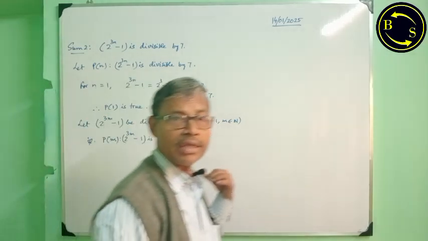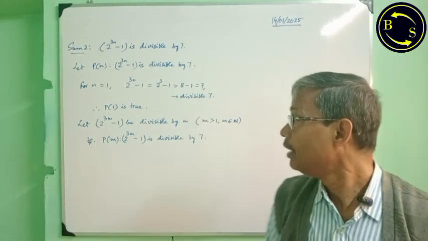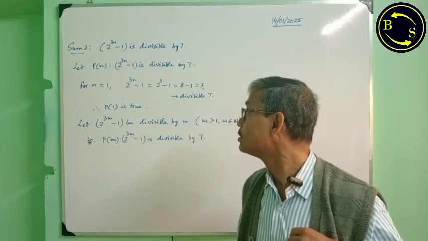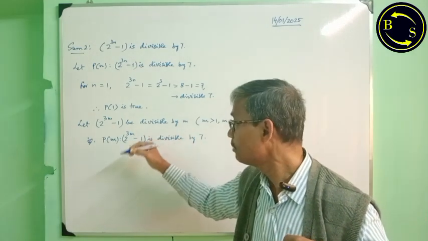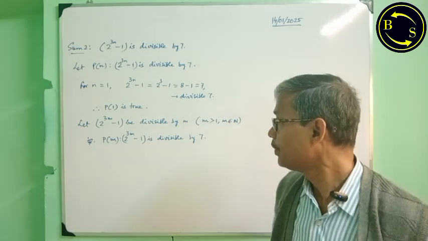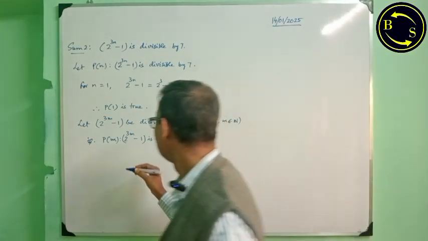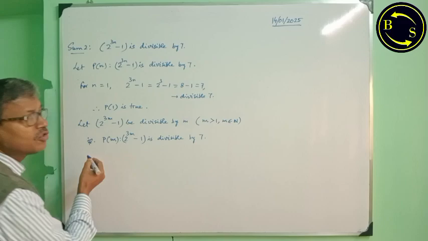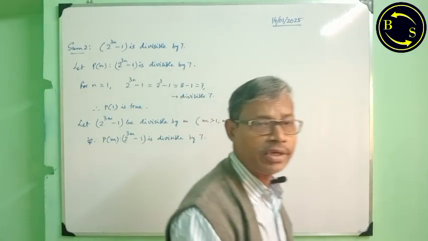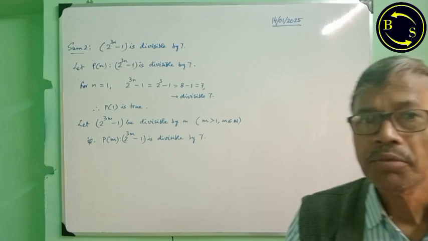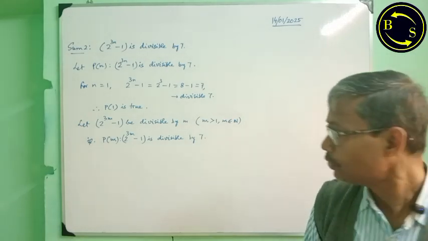This is the inductive hypothesis, and the first step is the inductive step. Now, considering this is true, we shall show by actual calculation that Pm plus 1 will be true.